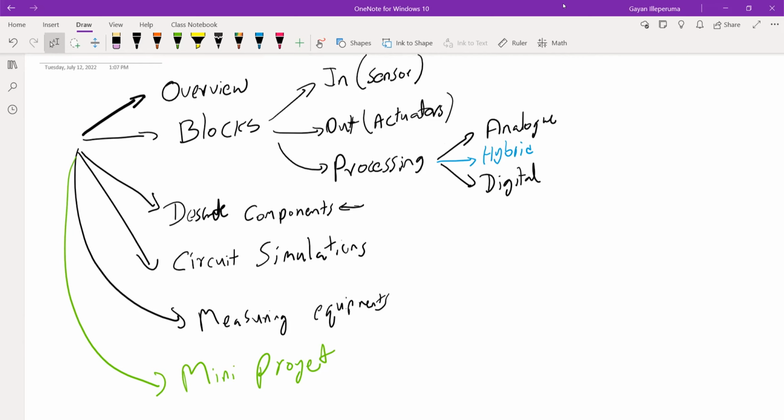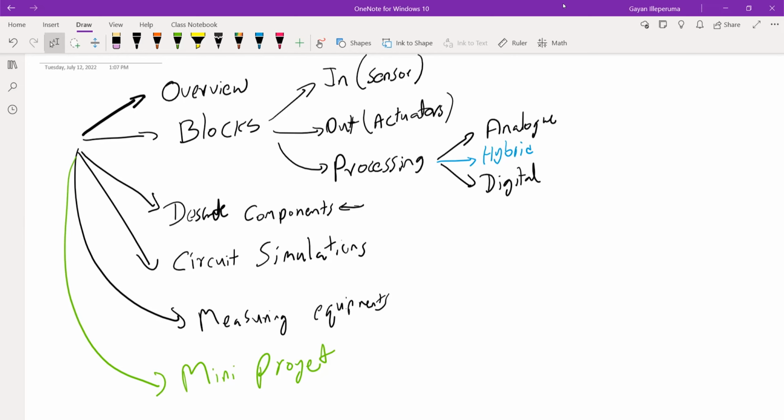However, we will not cover it in this particular order. We will not have the mini project at the very end, because then you will not have enough time. And things like circuit simulation, it's better to learn early, so you can see how the different blocks are working. Rather, we will have about 3 main components running in parallel.